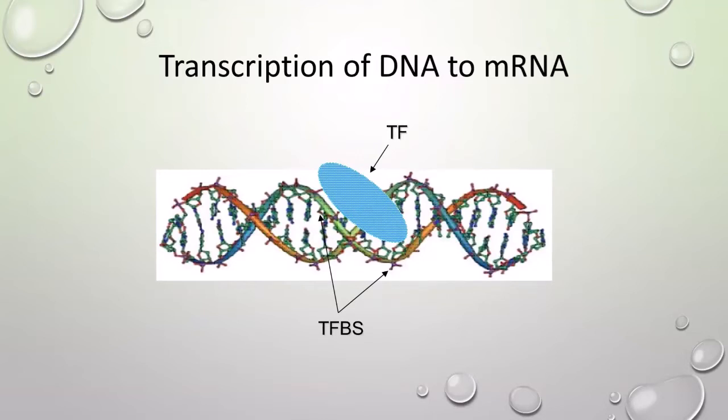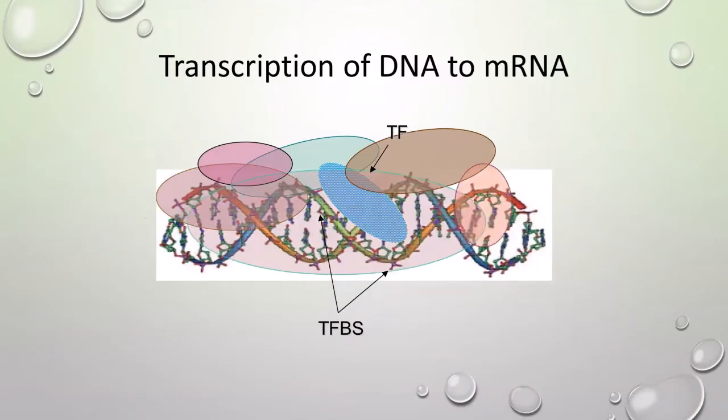After that is bound, that will recruit about 6 to 8 more proteins, known as the transcription polymerase. That will go downstream and transcribe the DNA into the mRNA.